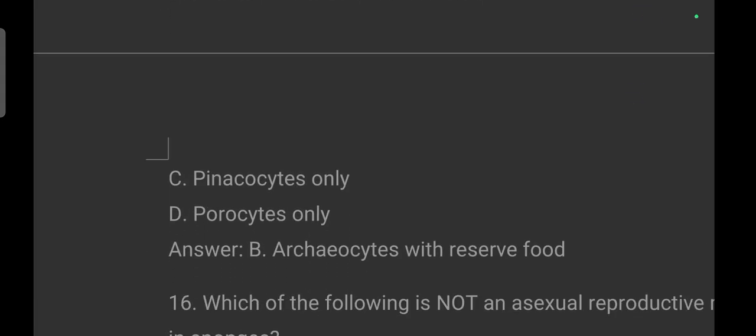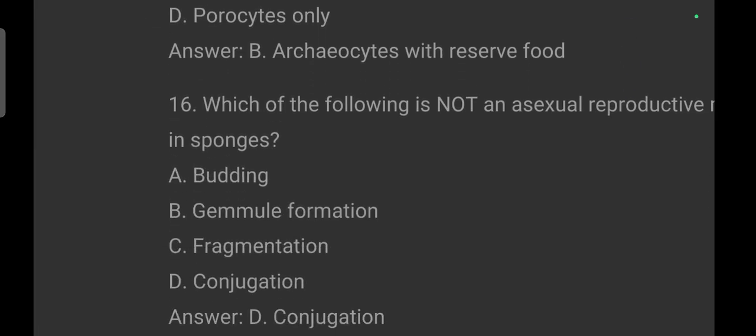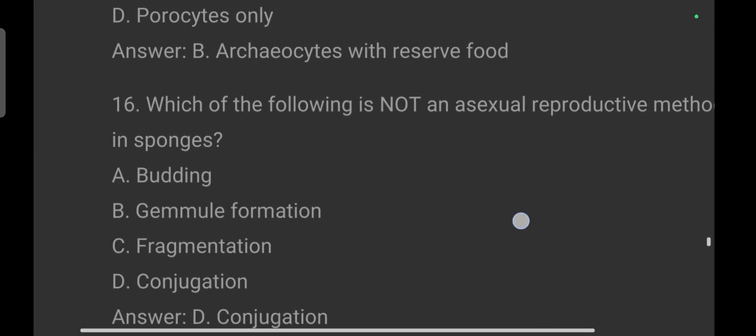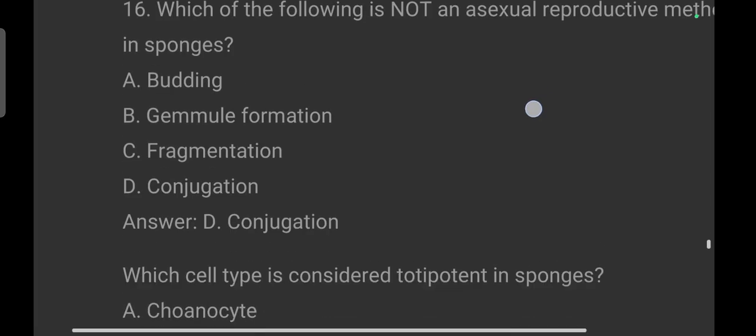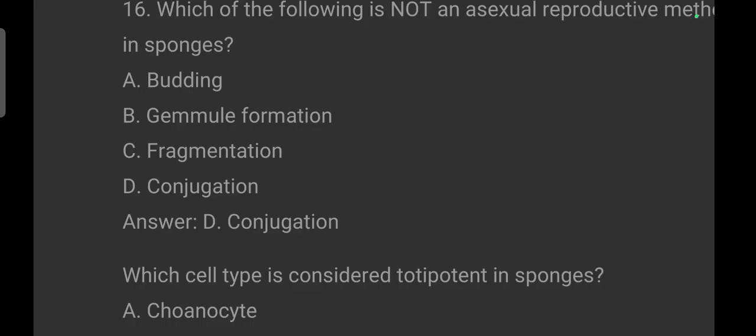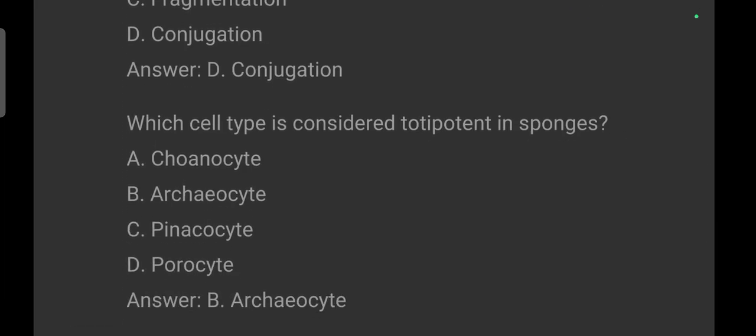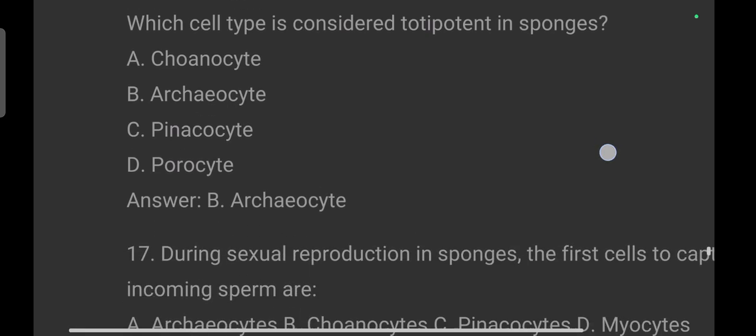Answer is archaeocytes with reserve food. Which of the following is not an asexual reproductive method in sponges? Budding, gemmule formation, fragmentation, conjugation. Answer is conjugation. Which cell type is considered totipotent in sponge? Choanocyte, archaeocyte, pinacocyte, porocyte. Answer is archaeocyte.